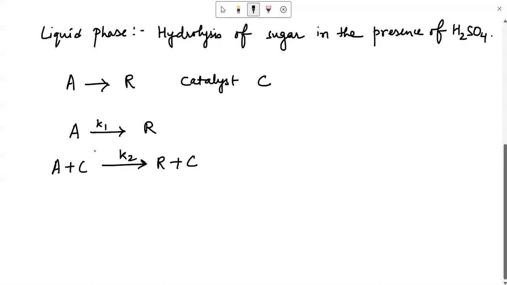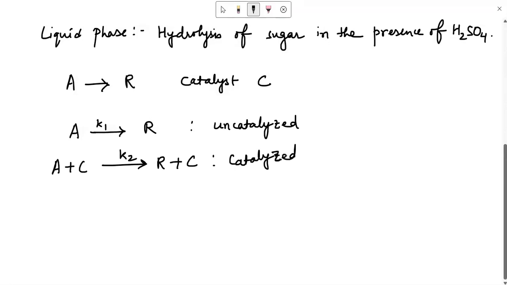The catalyst does not react itself, but it enhances the reaction process. Whatever catalyst is on the input side is retained on the output side. The first one is the uncatalyzed reaction and the second one is the catalyzed reaction.